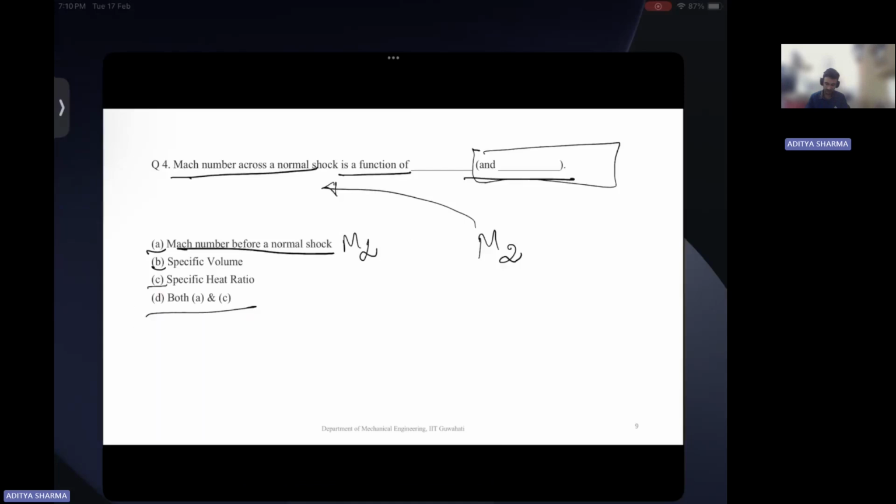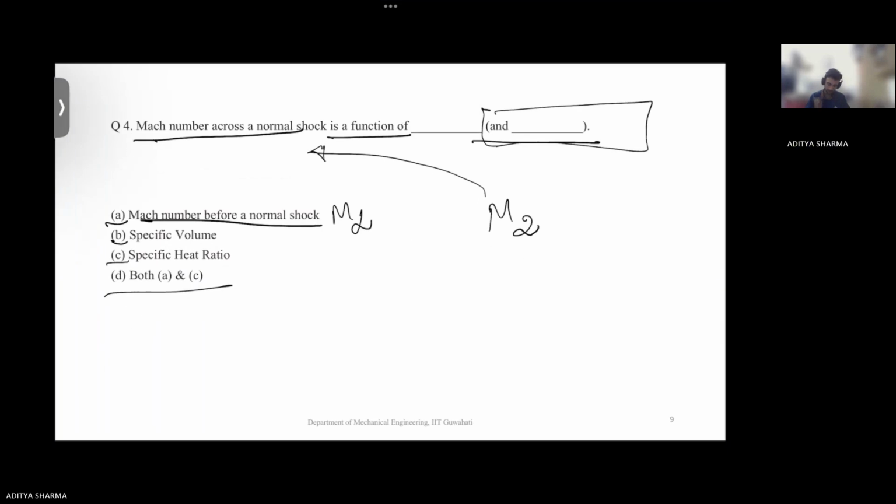Now coming back to the question, M1 is there. Specific volume is not there. Specific heat ratio is there. So both A and C are correct.